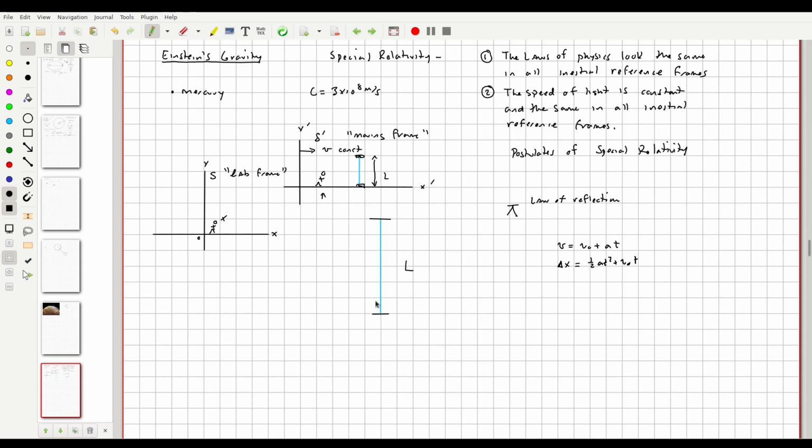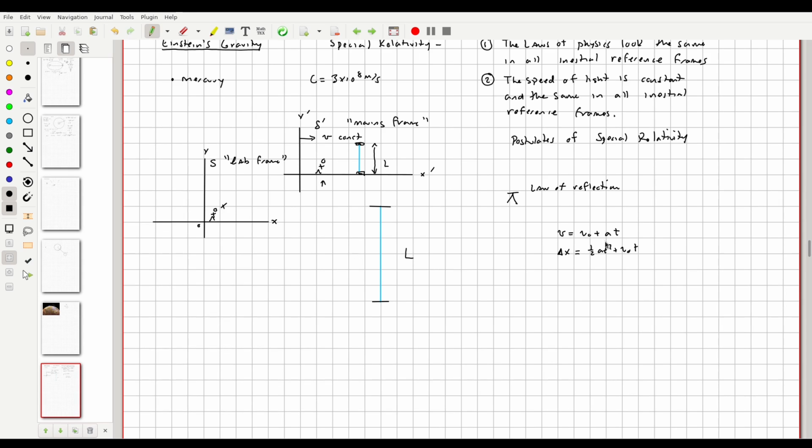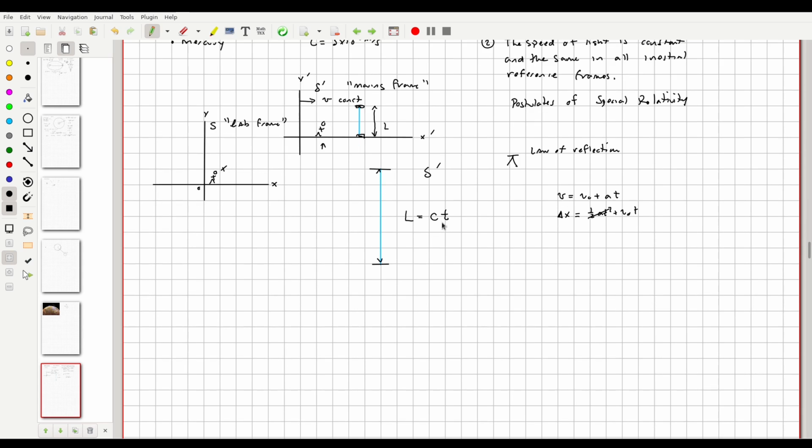Now the thing is that if light is bouncing back and forth and isn't accelerating, remember it travels at a constant speed, then this is 0, which means that one way you can think about the distance between these two mirrors is that it is nothing more than the speed of light times how long it takes to go from here to here. So this is what the person in the prime frame sees, is light basically just bouncing back and forth between this mirror. A distance of L is how far it goes, and you can relate that distance to how fast light's traveling with time.